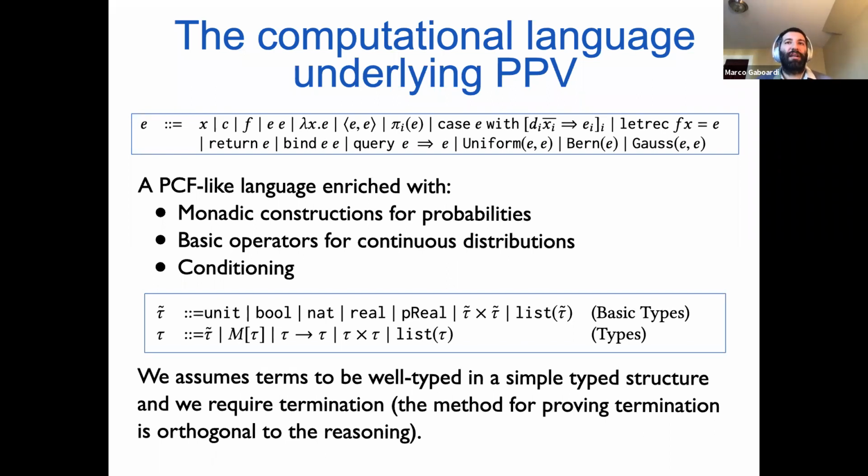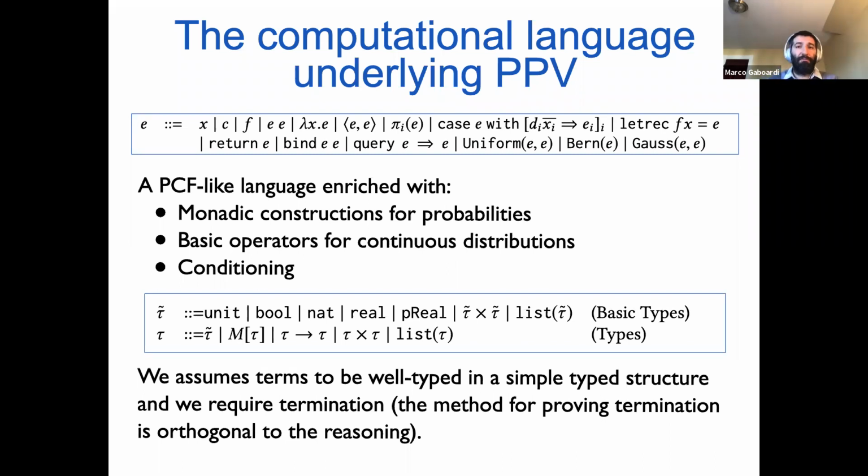We assume that terms are well typed in a simple type manner, which you can think of as a somewhat trivial extension of PCF, where you give a monadic type to distributions, and to return and bind you give the classic monadic types.